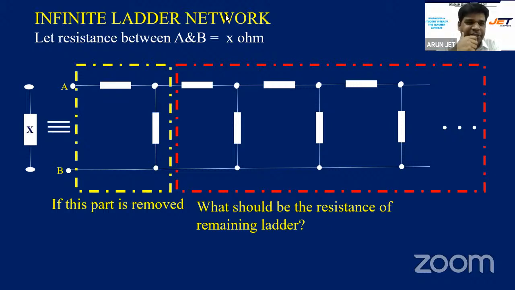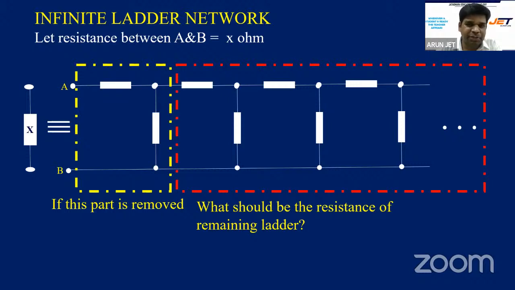Shashank has got an answer. Okay, I appreciate that. X minus 1, okay. But the yellow box doesn't have just a 1, there is another 1 as well, which is in parallel with the infinite network. Okay, I appreciate Shashank. That's good. Others, please attempt.